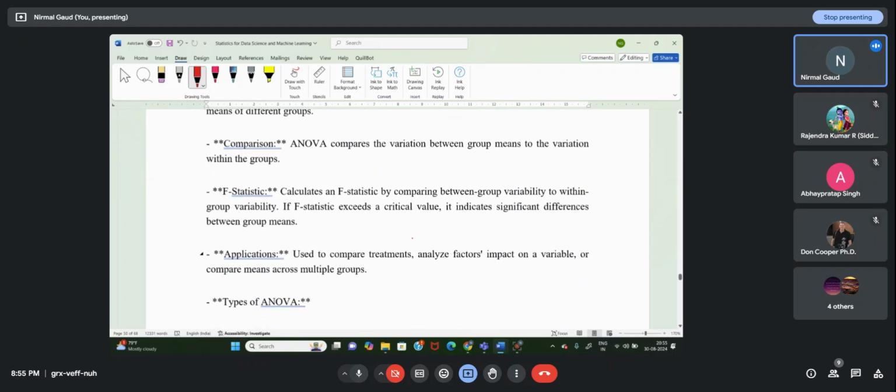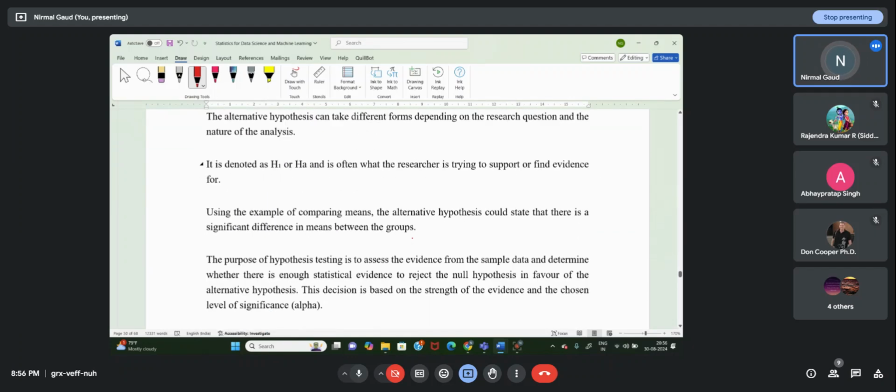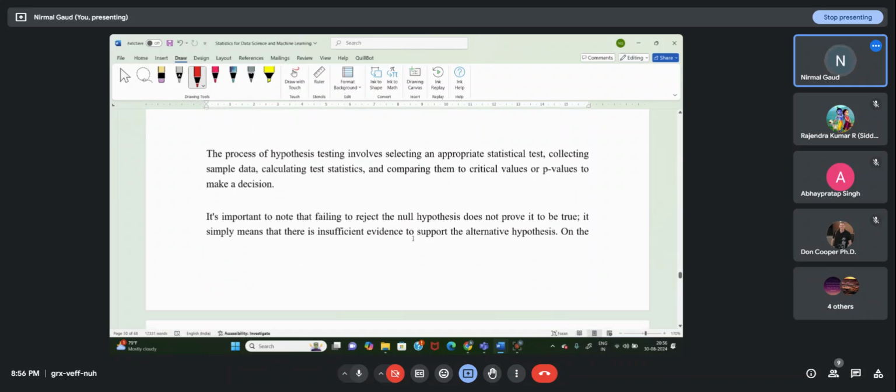Okay. Step number 3. You have to find a critical value, the F value. Actually we call it the F statistic. It calculates the value by comparing between-group variability to within-group variability. That indicates a significant difference between the groups. To find the difference between the groups, we look at the F statistic value.